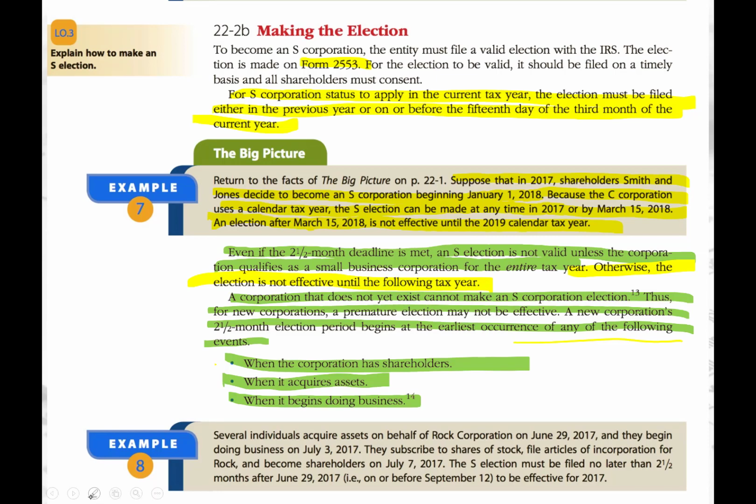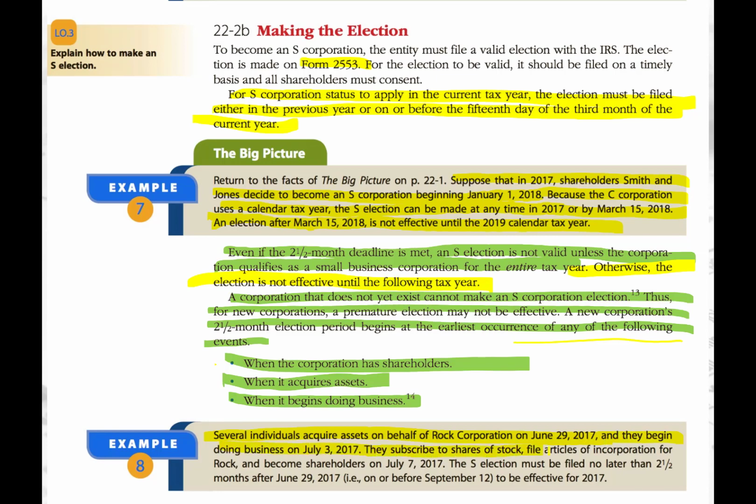So you look at this example, and we have several individuals acquire assets on behalf of Rock Corporation, June 29, 2017. Now you look at that date, and you're already thinking, okay, I think June 29, 2017 is the date because they've acquired assets, haven't they? So you keep going, though, and they begin doing business July 3rd.